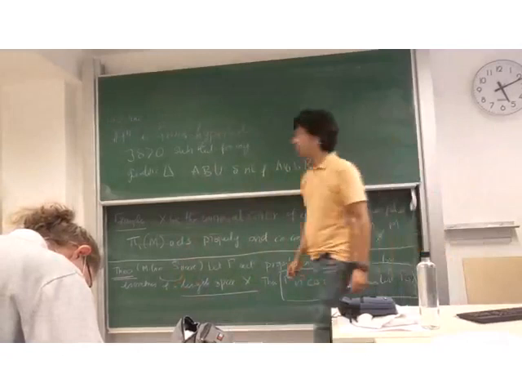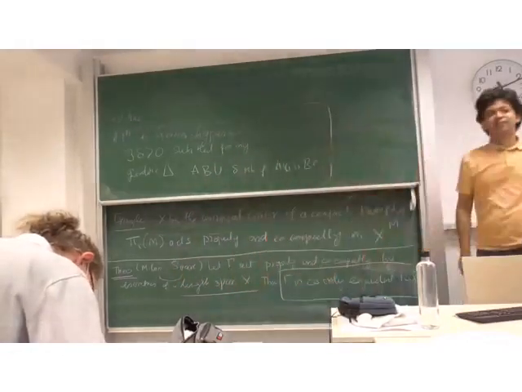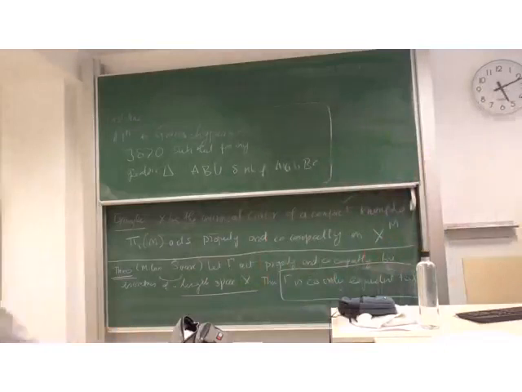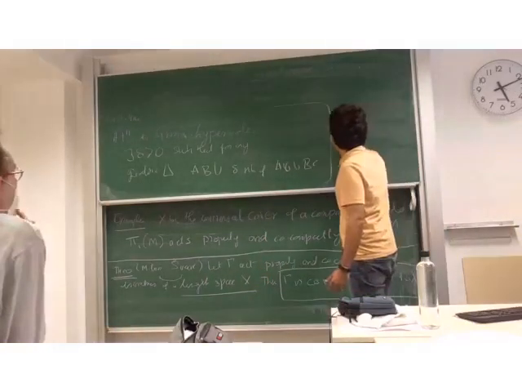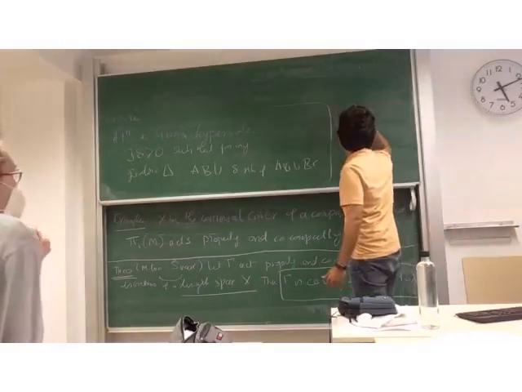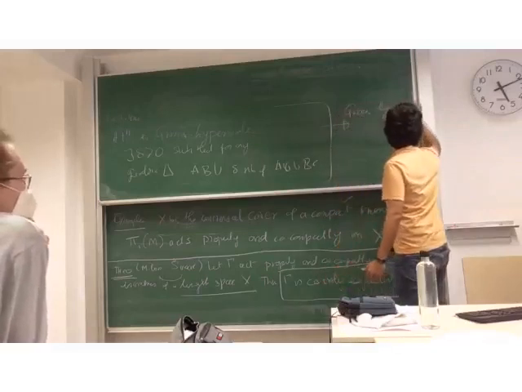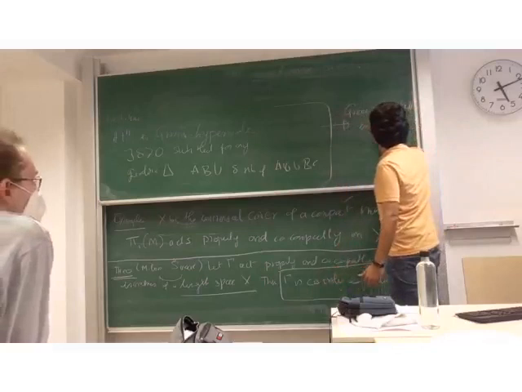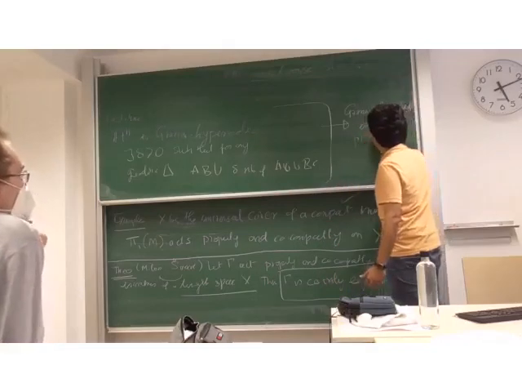In the next lecture, or maybe it will take more than one lecture to finish the proof or talk about it in completeness, what I want to say is that this Gromov hyperbolicity is a coarse property.